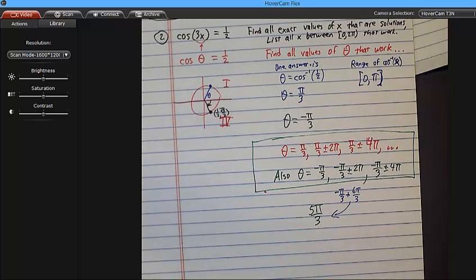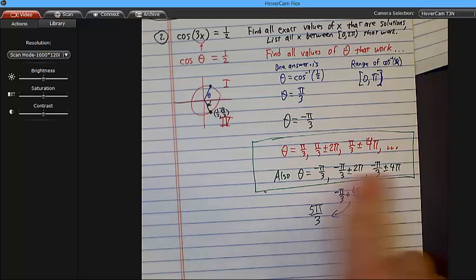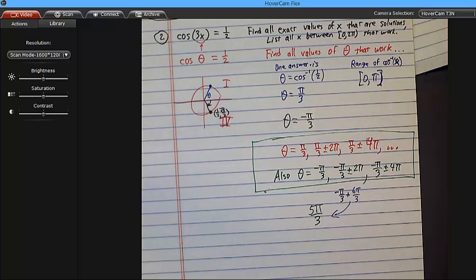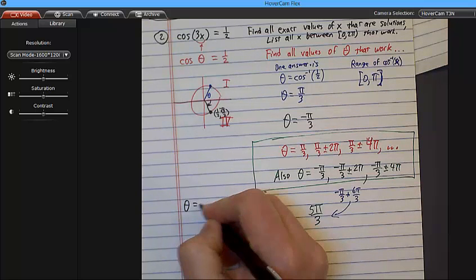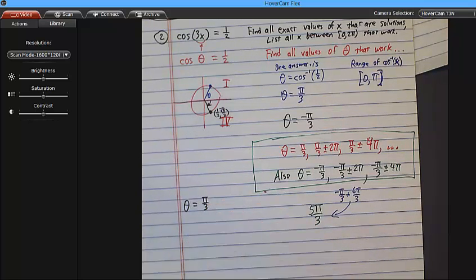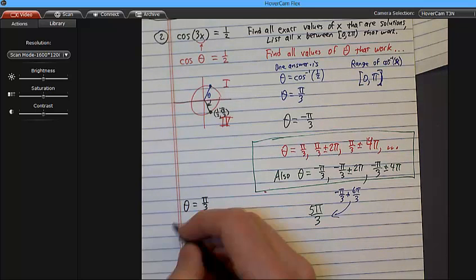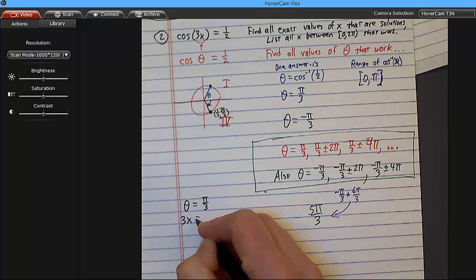We got some different values for theta that work. But I don't want theta, I want 3x. I want to know what x is. See, for example, the very first thing I found was theta equals pi over 3. That was the first answer I found. Well, that means that 3 times x is pi over 3.